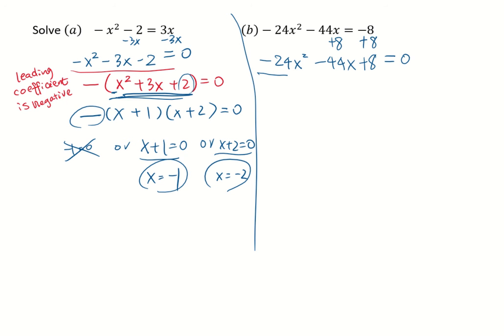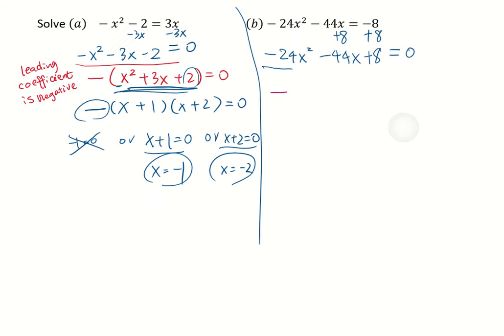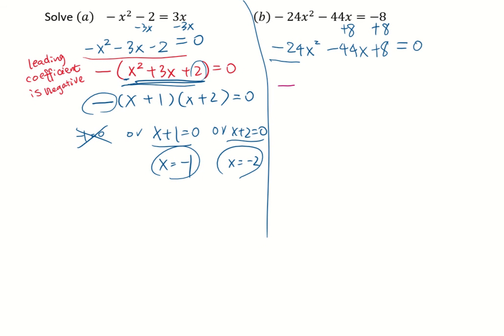We don't want it to be negative. We want to deal with a positive leading coefficient when it comes to factoring. So we have to factor out this negative sign. Any other GCF? Well, if you look at 24, 44, and 8, you will see there is a common factor of not only 2, but 4.